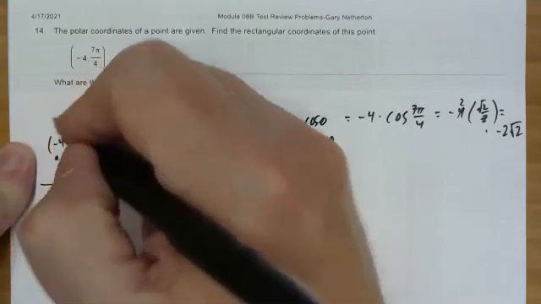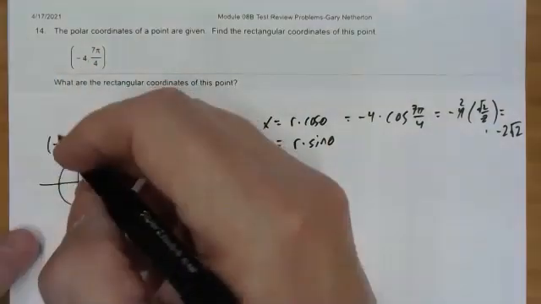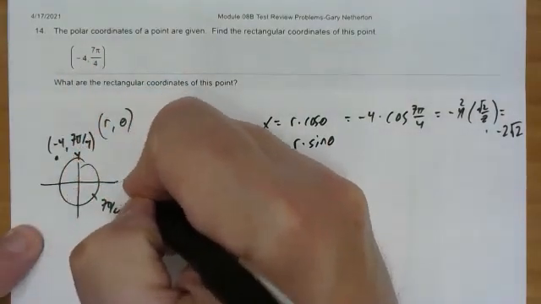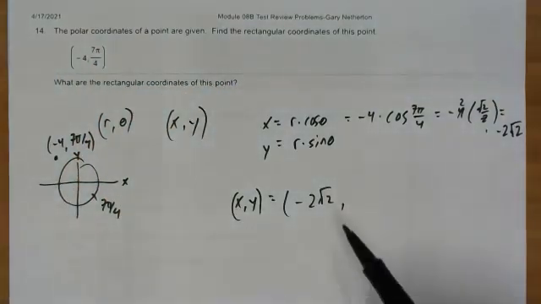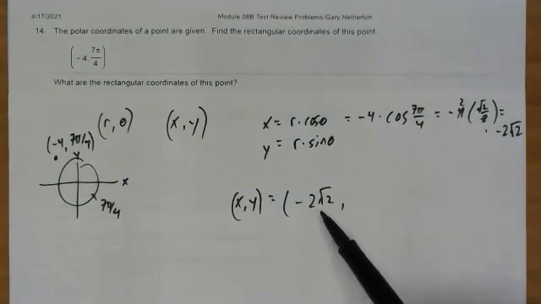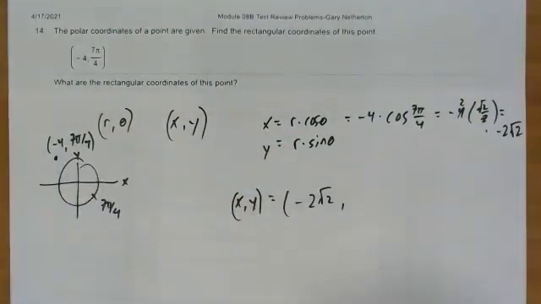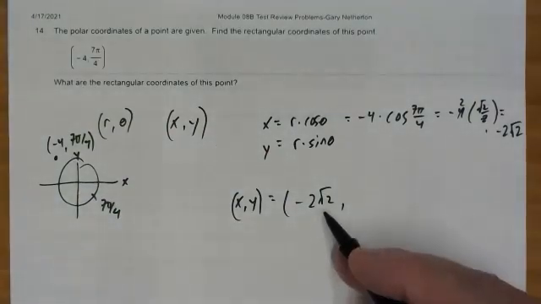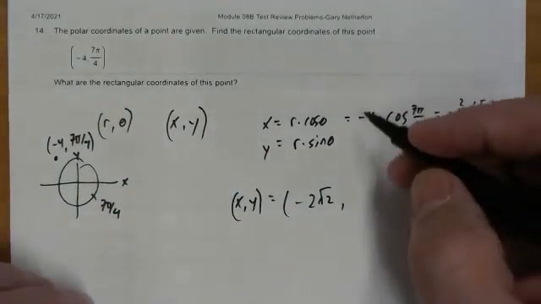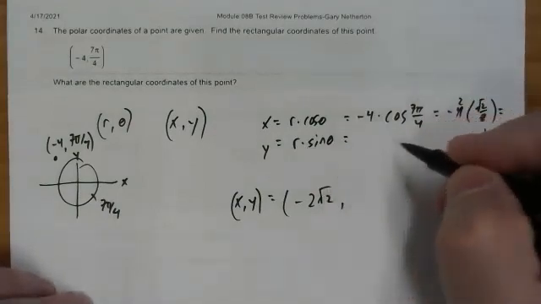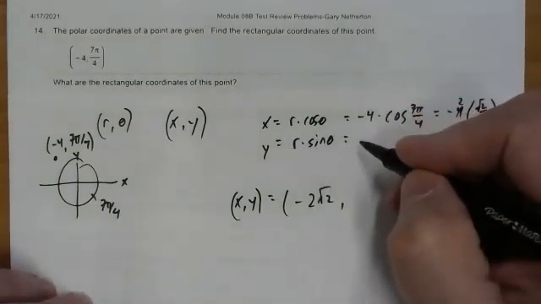So there's the point, -4, 7 pi over 4. As I'm working on my x and y, I need to make sure it makes sense. I'm saying x is negative 2 square root of 2. Well, that makes sense because over here, x is definitely a negative number. So that looks good. Let's see what happens when we do the y.